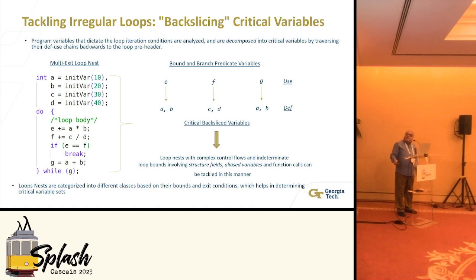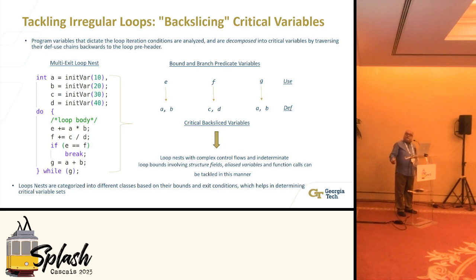Here is a simple code, which is again a do-while type of thing, which doesn't give us the trip counts even dynamically. But what you can see here is that the branch conditions and the exit conditions, which are E equal to F, if you backward slice it using SSA, and I deliberately just kept it in a non-SSA form here, just to make the point, it projects onto A and B, and the other condition projects onto C and D in a backward sense, by doing the analysis and by finding out the variables which are live here, which determine this branch.